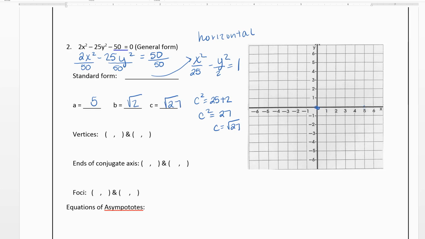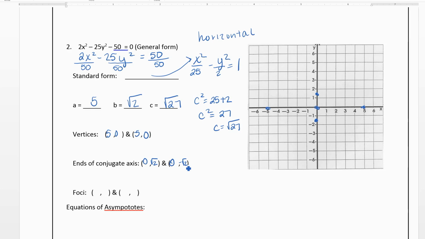Okay, and we're going to go left and right by 5 and negative 5 to get our vertices. So 5, 0, and negative 5, 0. The endpoints of our conjugate axis, we're going to go up and down by the square root of 2, which is bigger than 1 but less than 2. So that would be at 0, square root of 2 and 0, negative square root of 2.